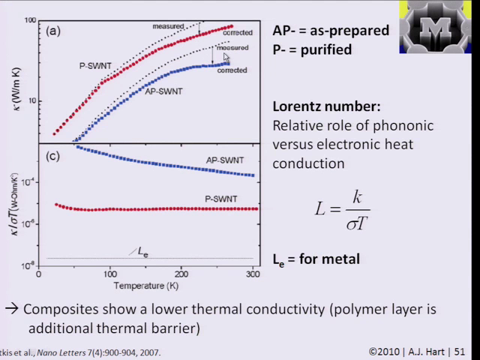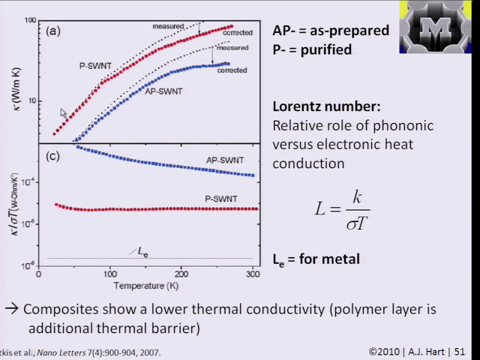And they do another measurement where they calculate what's known as the Lorenz number, which is a measure which suggests the relative roles of phonons and electrons at being responsible for conduction of heat. And so it's calculated by dividing the thermal conductivity, kappa, the value from the top graph, by the electrical conductivity, just measured by the resistance of the film, multiplied by the temperature.